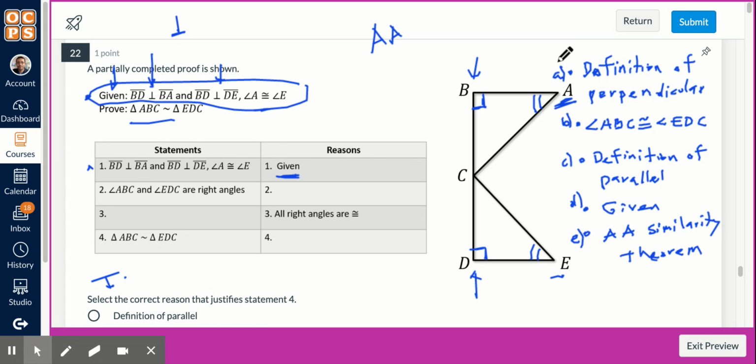So that's my answer A. When two lines are perpendicular, the angles are right angles.